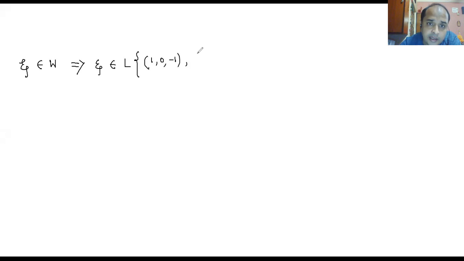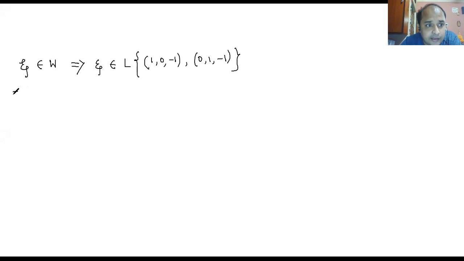There is a sort of network connection issue from my end, I think, and I have lost my previous board work, but it is not a big issue. I can continue from here. So xi was belonging to W, and we have shown that xi now belongs to the span of the set containing the vectors (1, 0, minus 1) and (0, 1, minus 1).